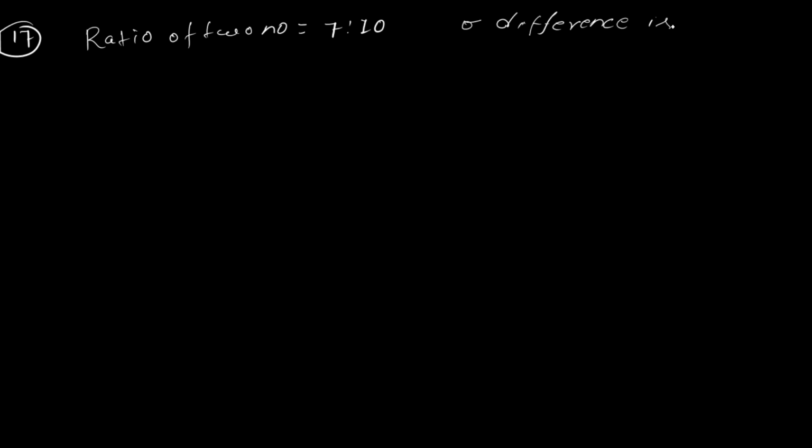They are asking to find the two numbers. So there are two numbers whose ratio is 7:10, and the difference of those two numbers is 105, and we have to find those two numbers.